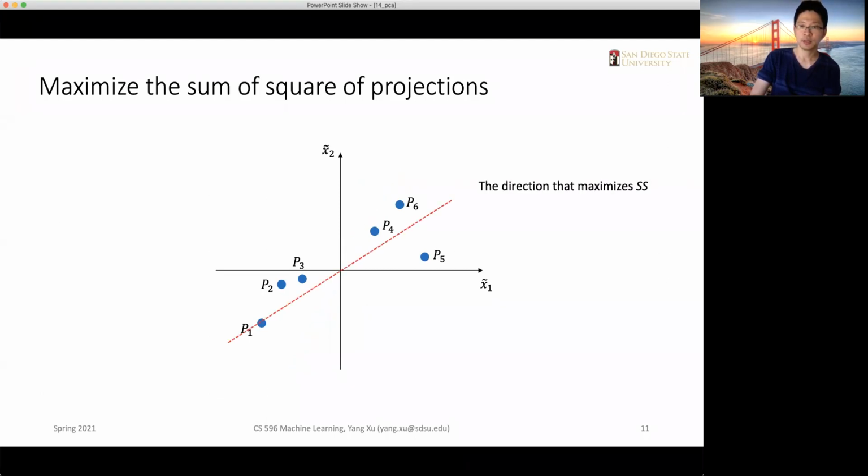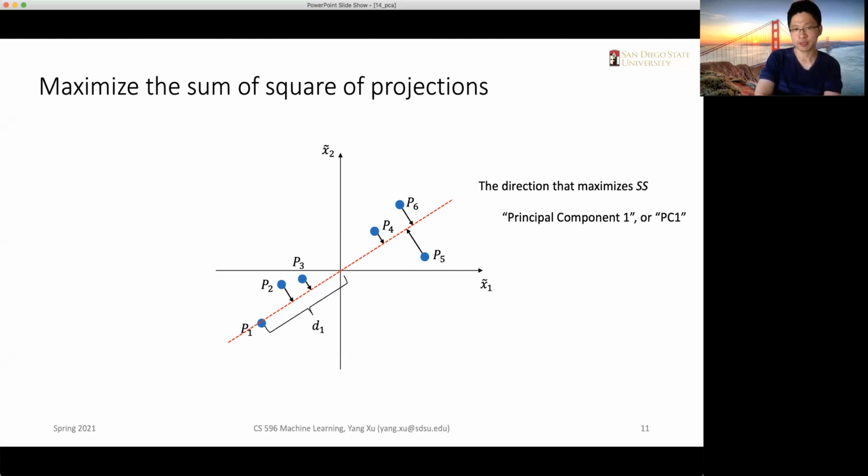So for example, let's say this is the direction that maximizes the sum of squares of the projection distances. Then this direction, indicated by the red dashed line, is the so-called principal component 1, or the first principal component. We can write it down as PC1 for short. So that direction is PC1.